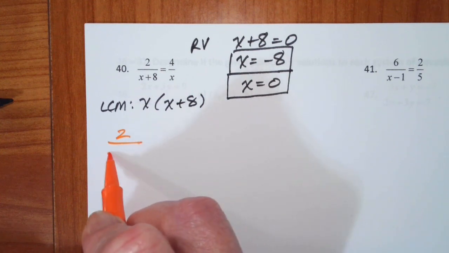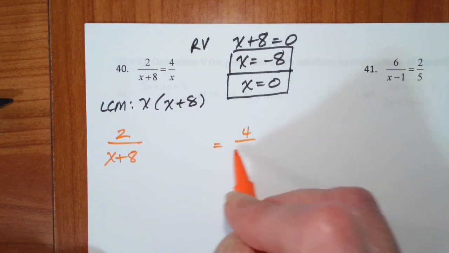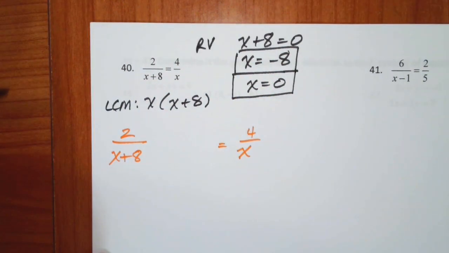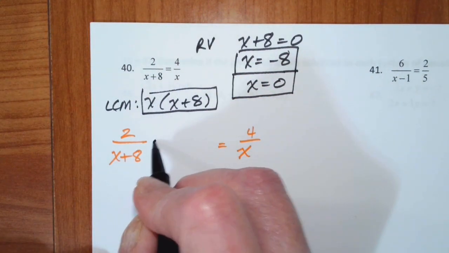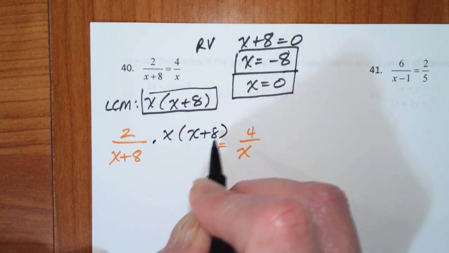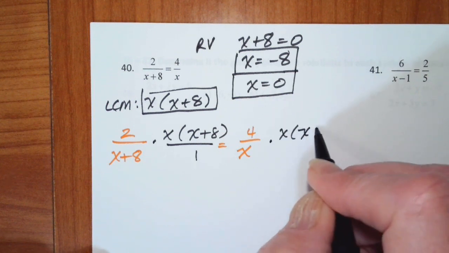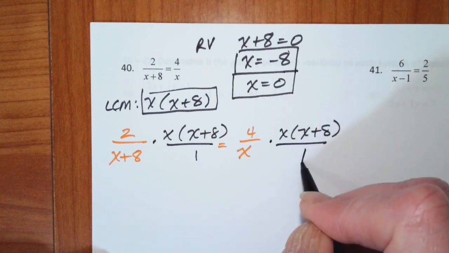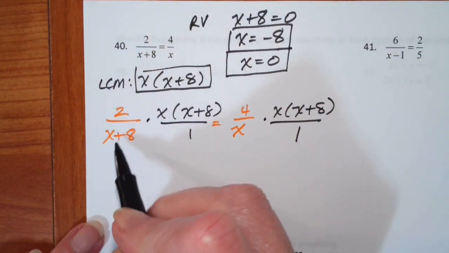So 2 over x plus 8 equals 4 over x. And I'm going to multiply times x plus 8 over 1 times x plus 8 over 1. Now your denominator should cancel out here.